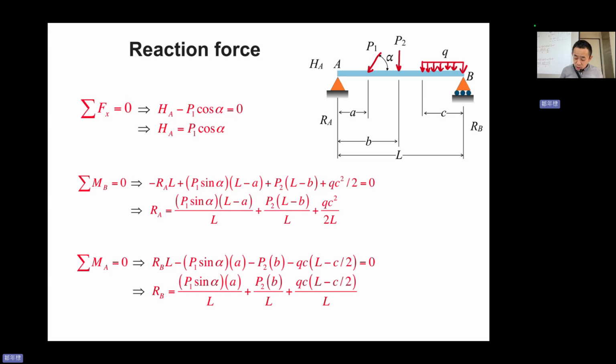Don't worry about that. So when you see this figure, let's solve this problem, start from here.